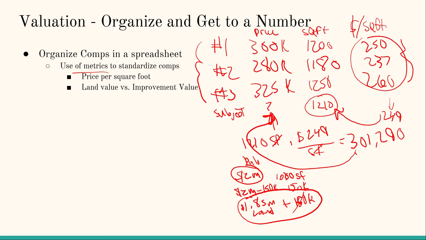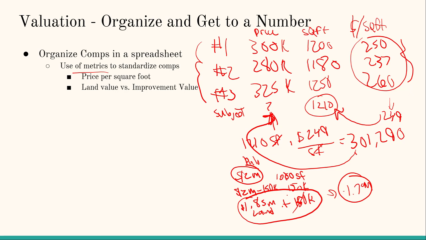Figuring out what the land is worth is a useful analysis, because there could be a lot next door that has no structure that's selling for 1.7 million, and so it might be worth it just to buy that lot, because in this case you're paying for a house that you're going to destroy, and you just want to make sure that you're paying something fair for the land.